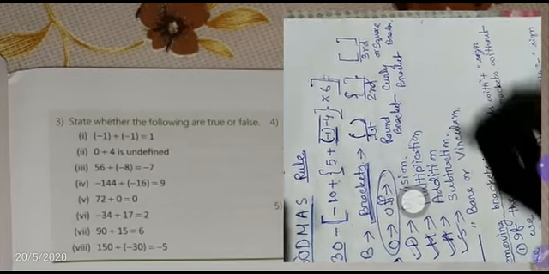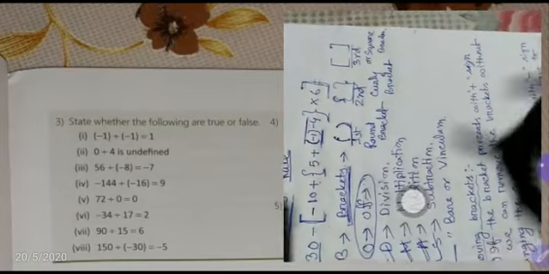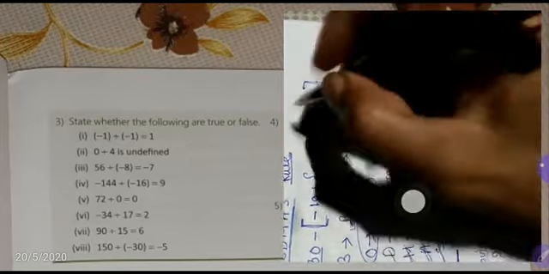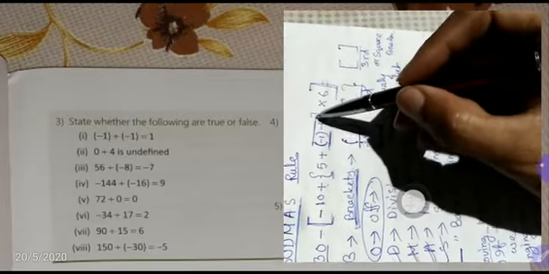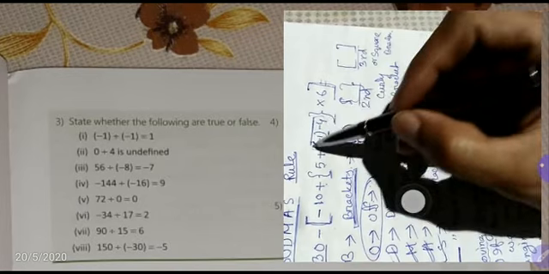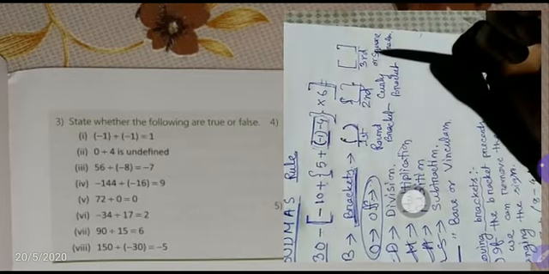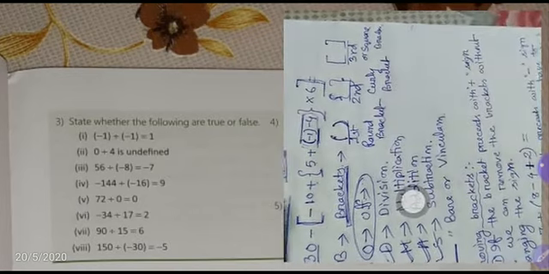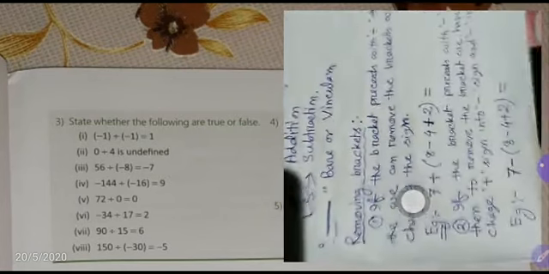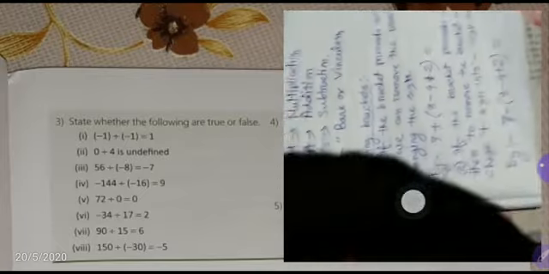This sign is inside the numerical expression. When a bar or vinculum is there, we have to do the work under the bar first. When vinculum is there, you have to keep this operation in mind. Again, some rules are there for removing brackets.